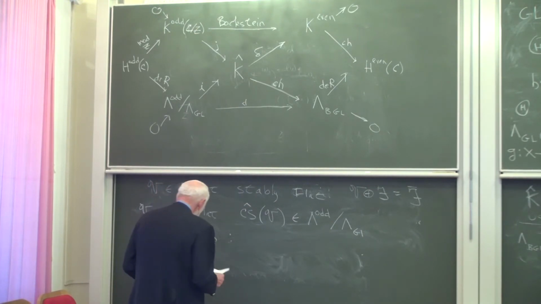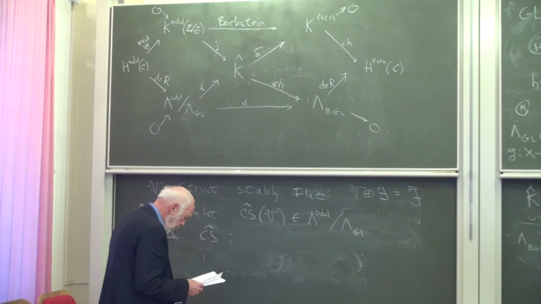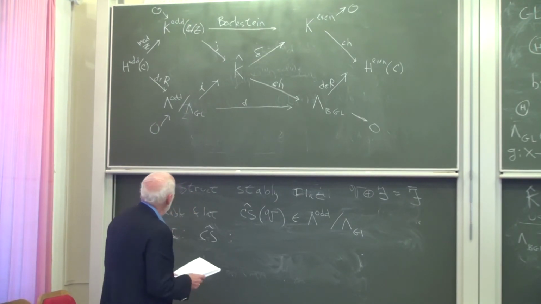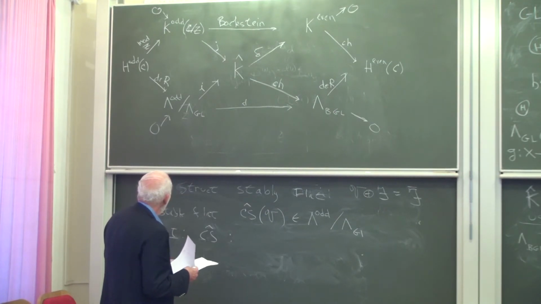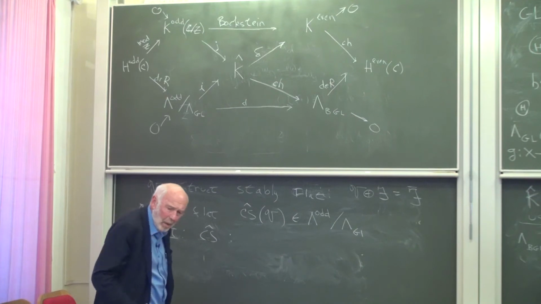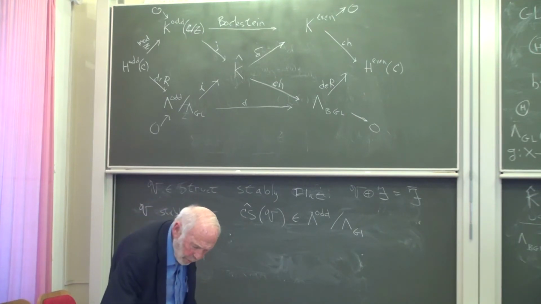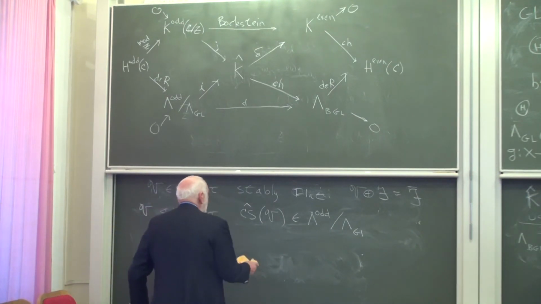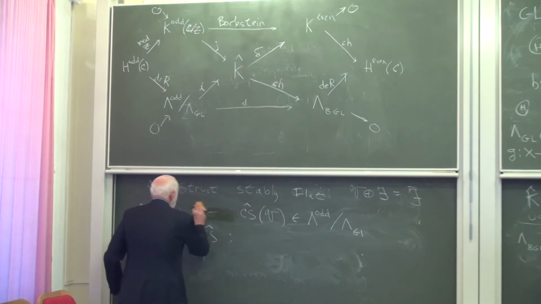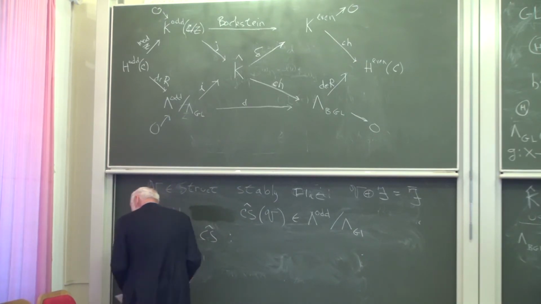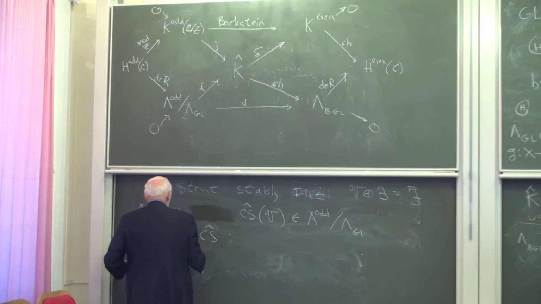Let me see. Did I write this down wrong? I want to look at the kernel of this. Yes. Okay. I wrote this wrong. It's stably trivial. If V is contained in struct, let's just put trivial over here.